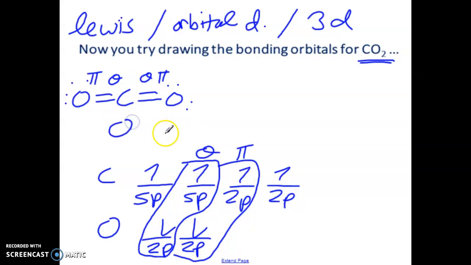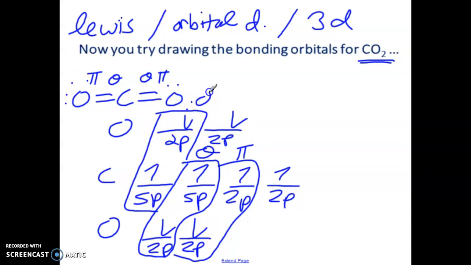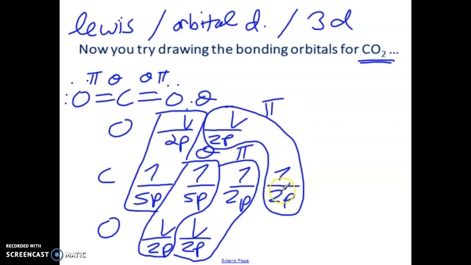The other oxygen is going to do the same thing, but with the remaining orbitals. So you have sp with a 2p for the sigma, and then this is going to be really weird, but instead of drawing a regular rectangle, that's okay, as long as I can see which ones you mean that are doing the overlap, that's fine. We have a 2p pi bond.